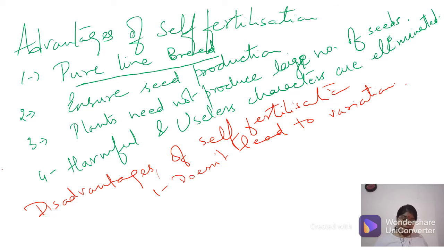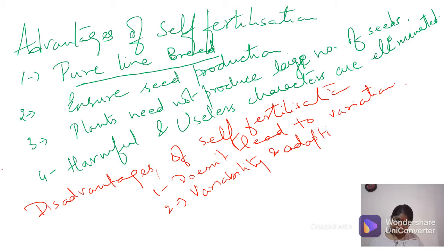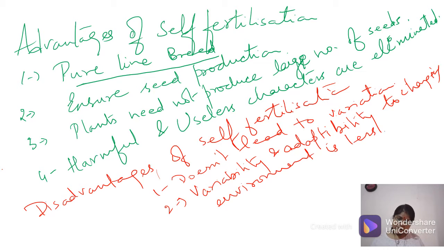Here variability and adaptability to changing environment is less because there is no variant produced. They are more susceptible to diseases.